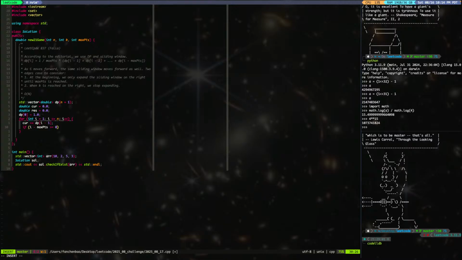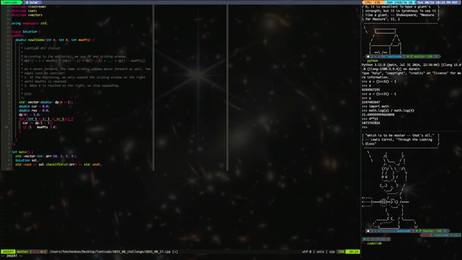because you can minus max points, right? You can minus max points. It's all allowed. So if it's equal to 0, then you still don't remove. But if it's larger than 0, then you need to remove.